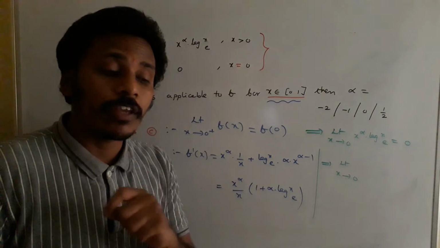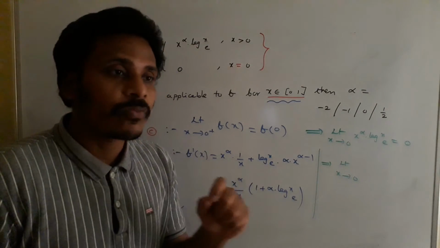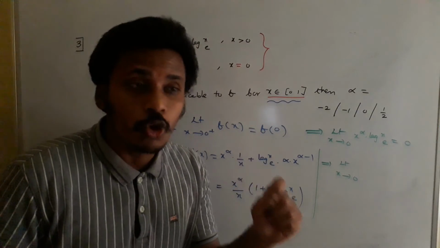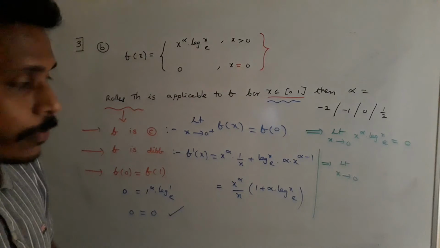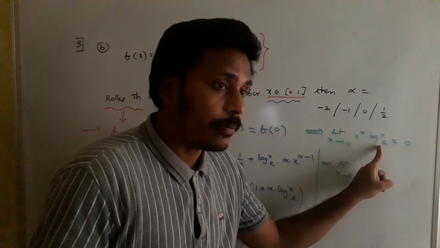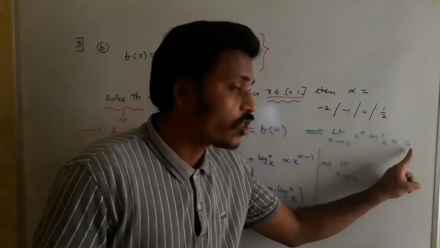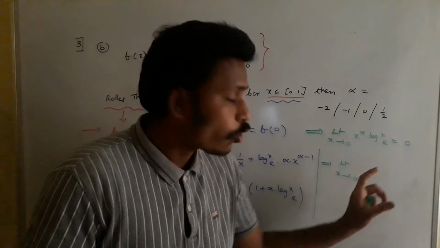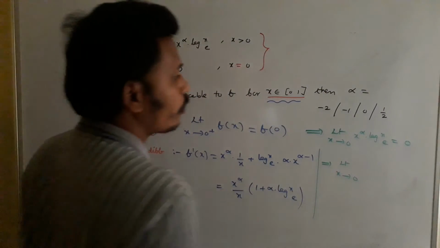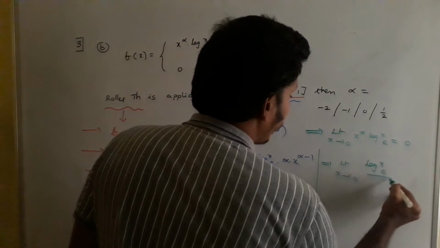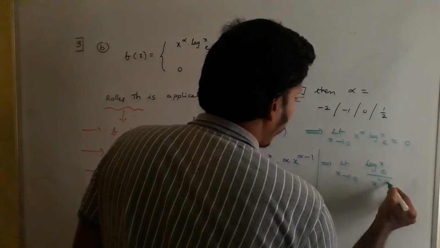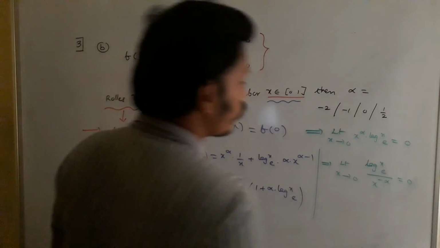From the graph it is very clear that as x is tending to 0 plus, log x to the base e value is minus infinity. Since this value is minus infinity, but we need to get 0 as our answer, we need to rearrange it. That's why I will rewrite it like this: log x to the base e divided by x power minus alpha, and that is equals to 0.